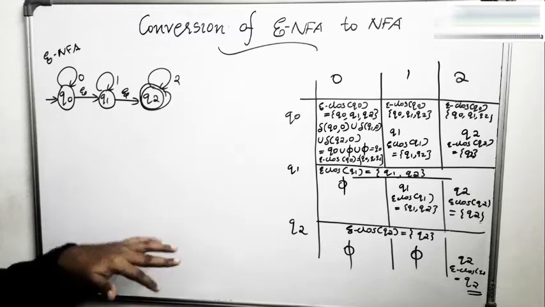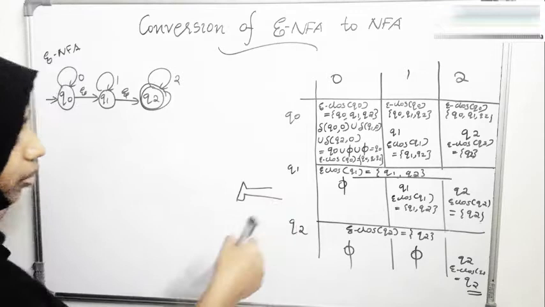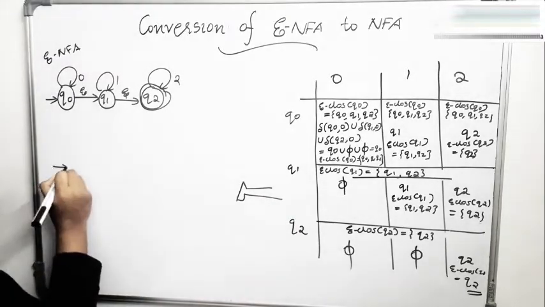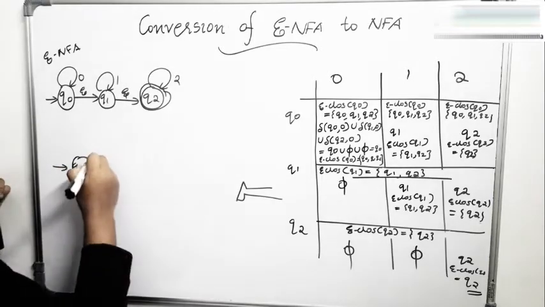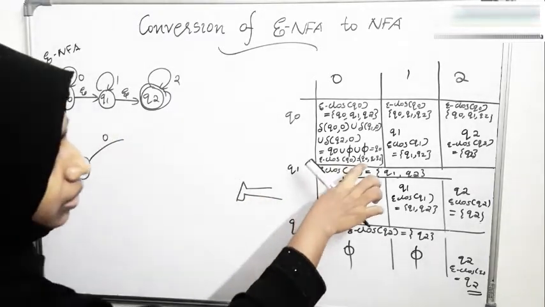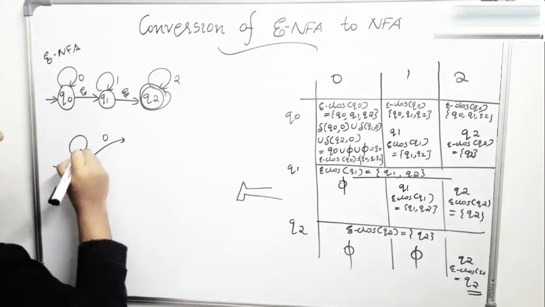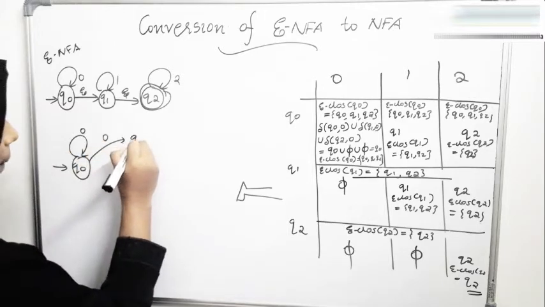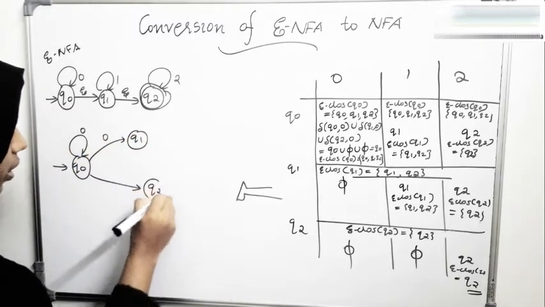Okay. Now we will draw the transition diagram by converting this. Q0 is the start state. From Q0 on 0 you can reach Q0, Q1 and Q2, isn't it?